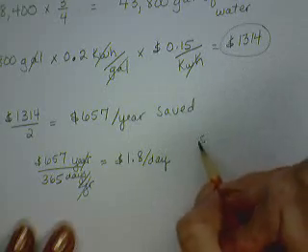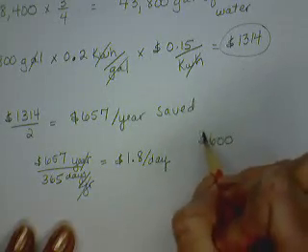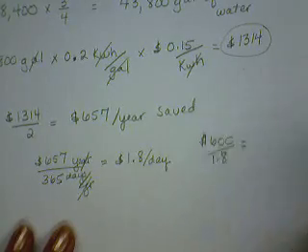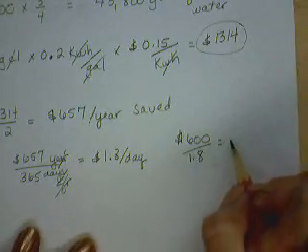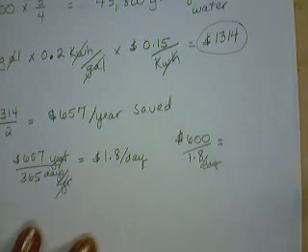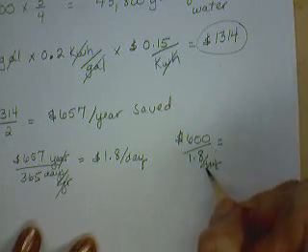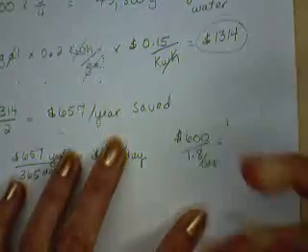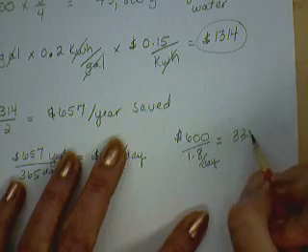So my water heater cost $600, and if I take that and divide it by the 1.8 per day, my day can flip up to the top here for my answer, and I end up with 333 days.